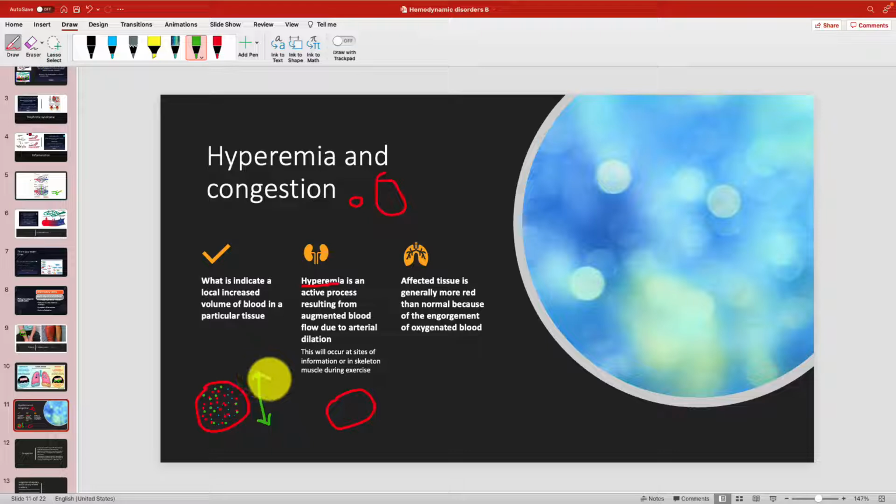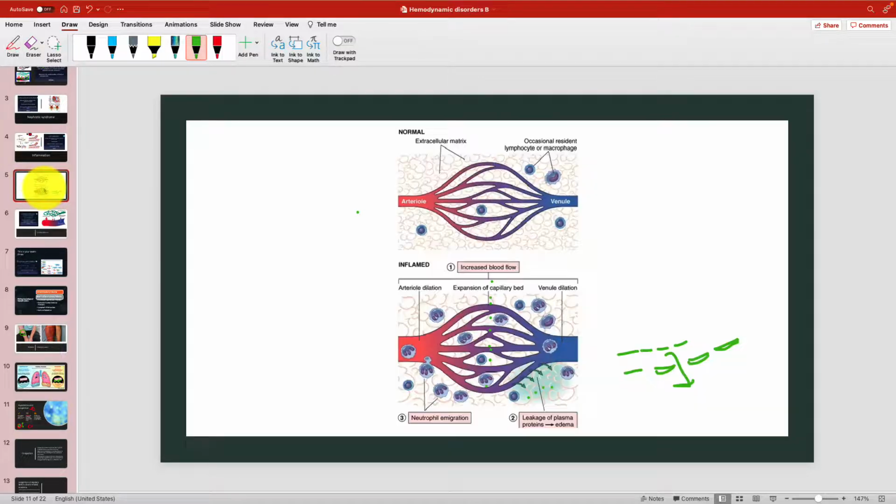to allow the muscle to keep contracting. Congestion, on the other hand, is when movement of these things is impaired. This can be impaired at the venous end. When I keep showing you this picture, we generally have edema that most commonly occurs at the vascular end over here.